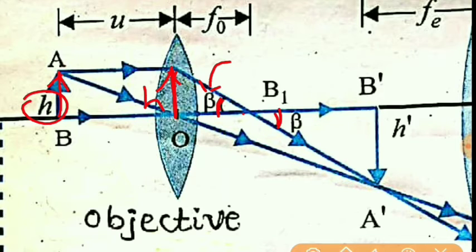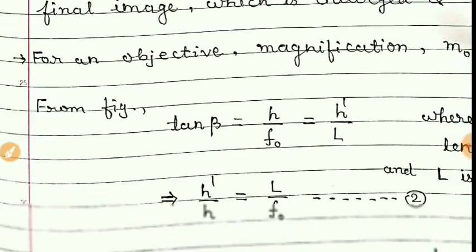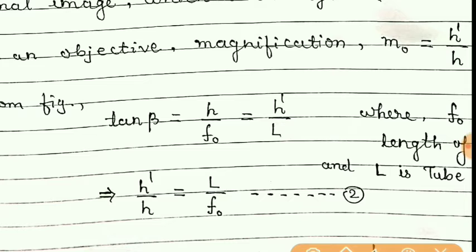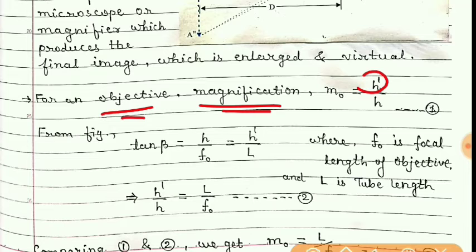So we can write tan beta is equal to h upon FO. This distance is FO. So from figure we can write tan beta is equal to h upon FO. Also students, magnification for the objective is h dash upon h.